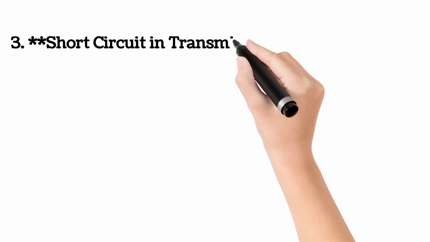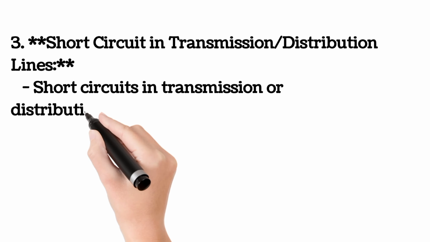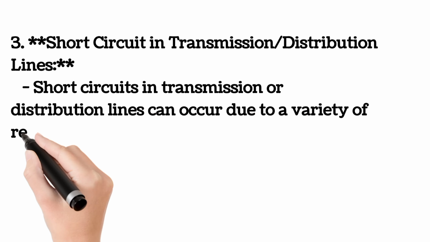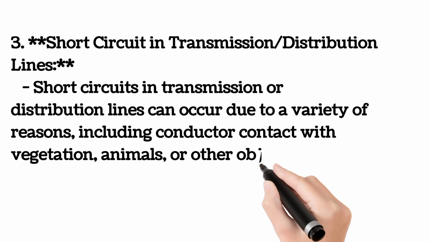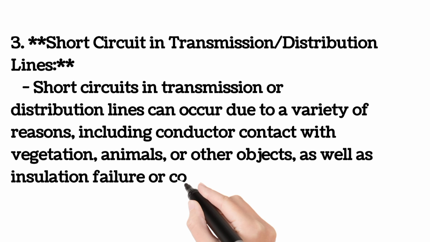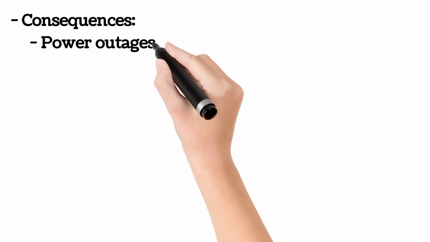3. Short circuit in transmission, distribution lines. Short circuits in transmission or distribution lines can occur due to a variety of reasons, including conductor contact with vegetation, animals, or other objects, as well as insulation failure or conductor damage. Consequences. Power outages.